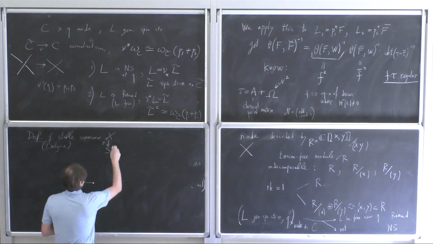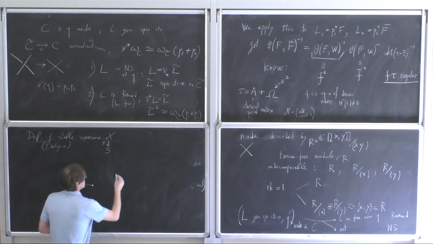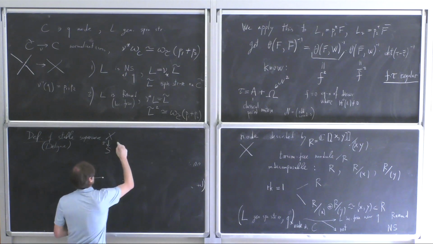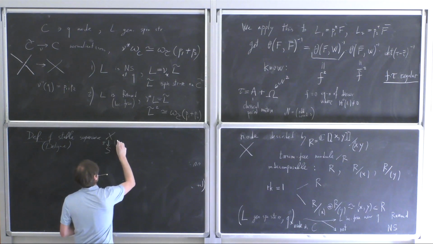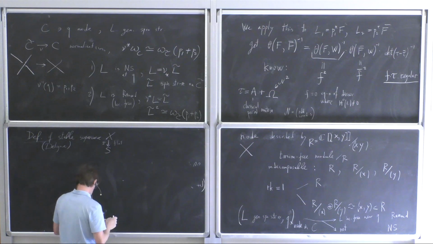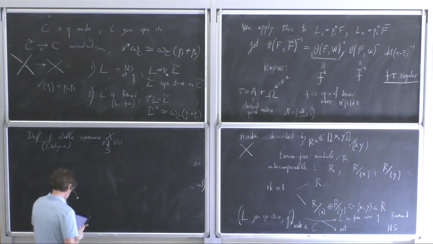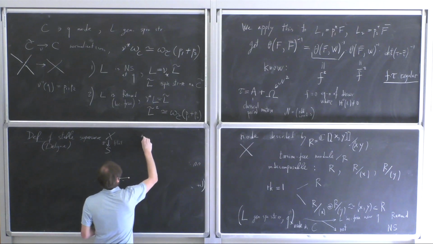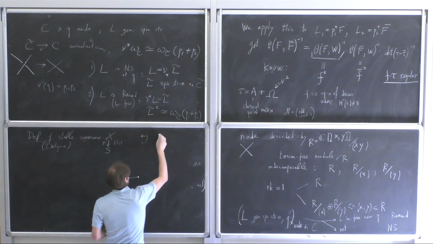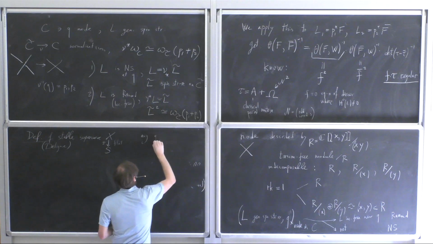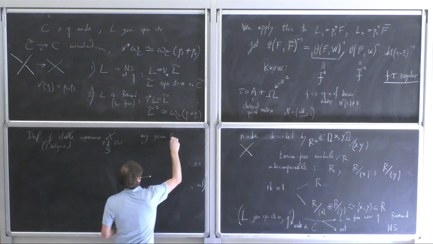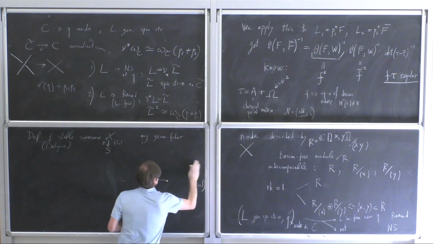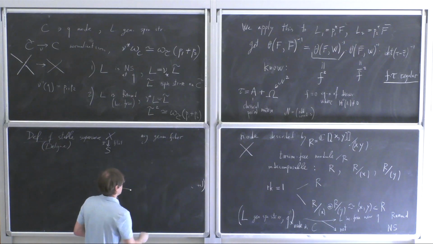Okay, so this should be a kind of flat family of supermanifolds, of super varieties, of super schemes. So it should be a flat morphism. Now, obviously, we want any geometric fiber to be a stable supercurve as we defined before.